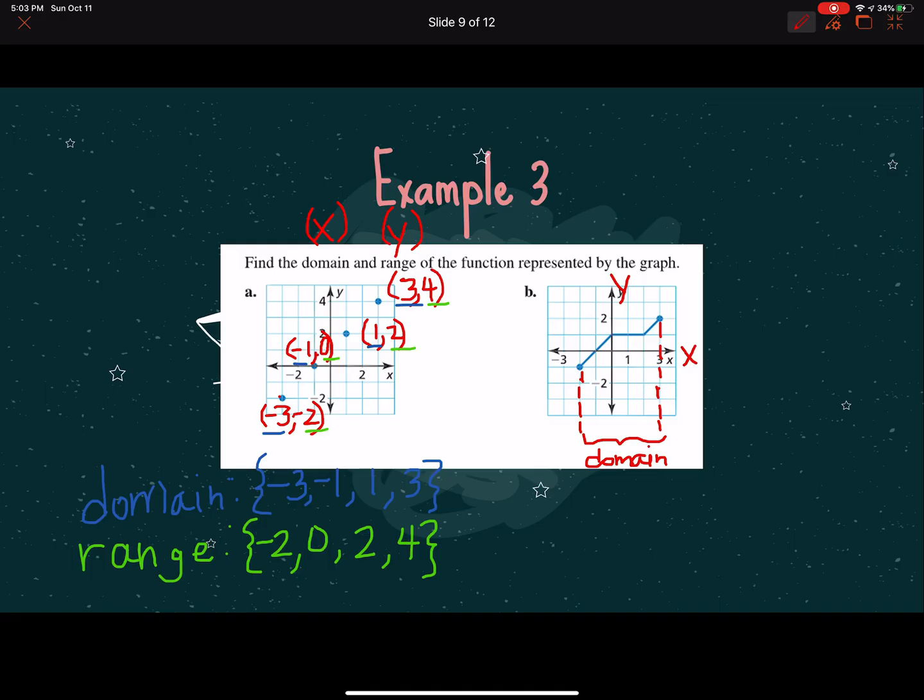So for this example, if I were looking at my domain, and I wanted to put it as a sentence, I could say the domain is, now remember, x is our domain, so we're going to talk about a range of values here. So I'm going to put my x in the middle. The greatest value is 3. So that's going to go over to my right. The smallest value or least value is -2, as we can see right here and right there.